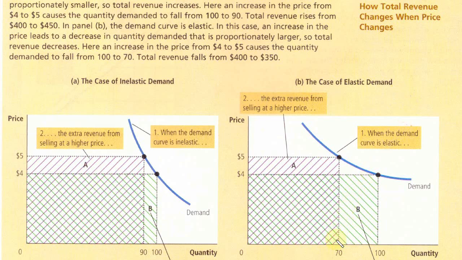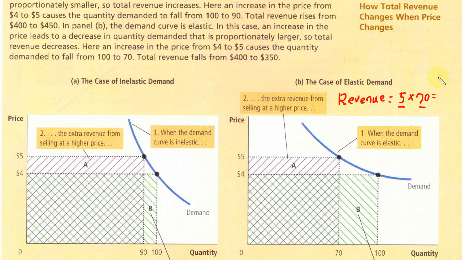Then our revenue is 50 multiplied by 70, right? Because price times quantity is the total sales volume.